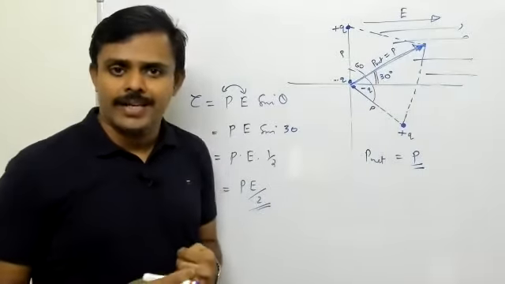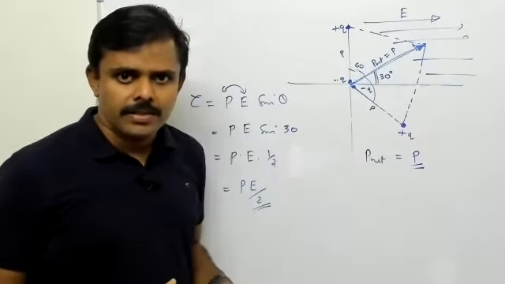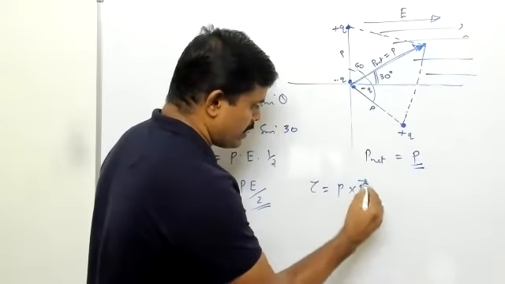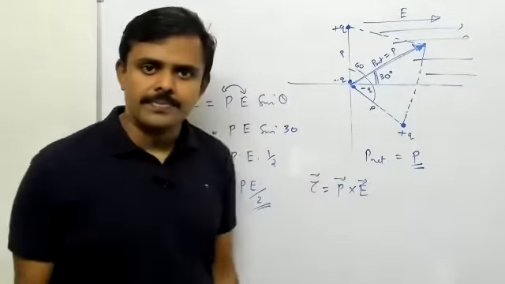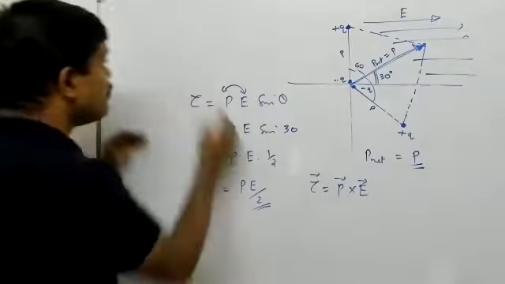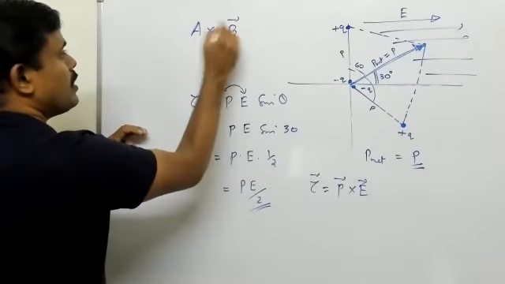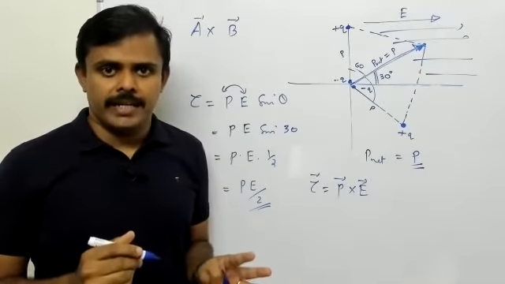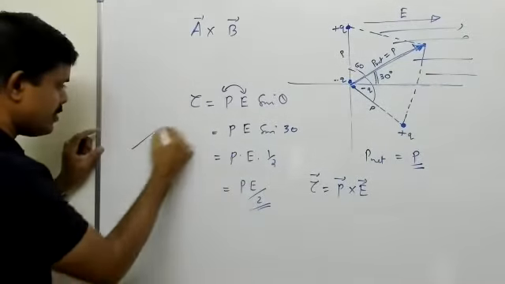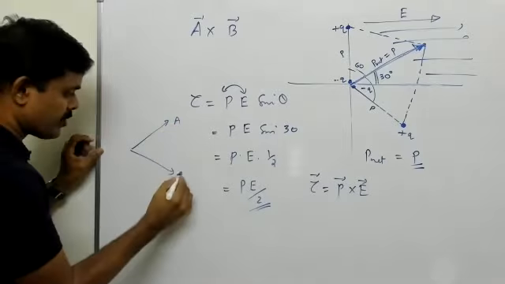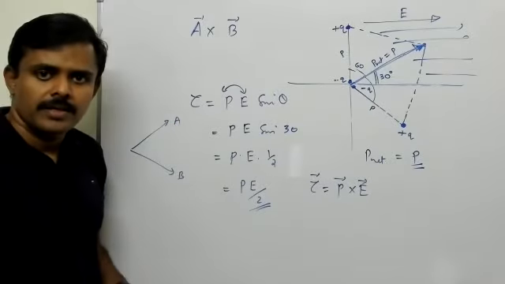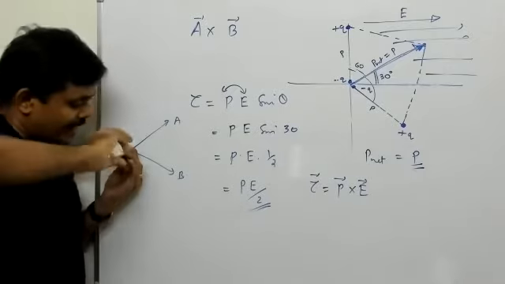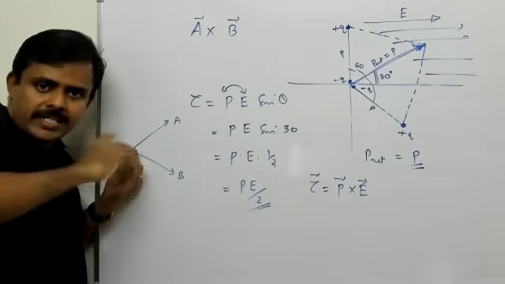They are asking you to find the direction also. You go back to class 11 physics, where you learn the direction of the cross product. Where is A cross B? A cross B is perpendicular to both A and B, to the plane containing A and B. I'll give you an example. This is A, this is B. How do you find A cross B? Put a right-handed screw at the junction and turn the screw in the clockwise direction.